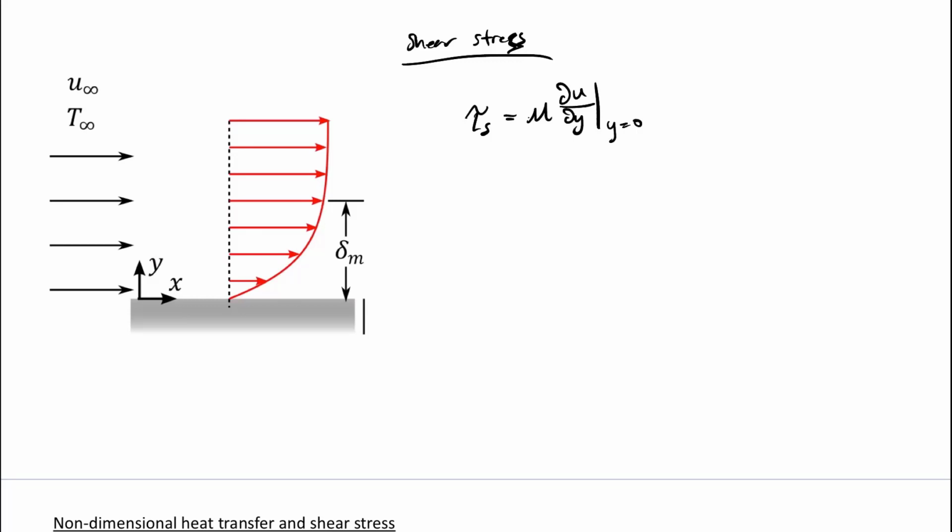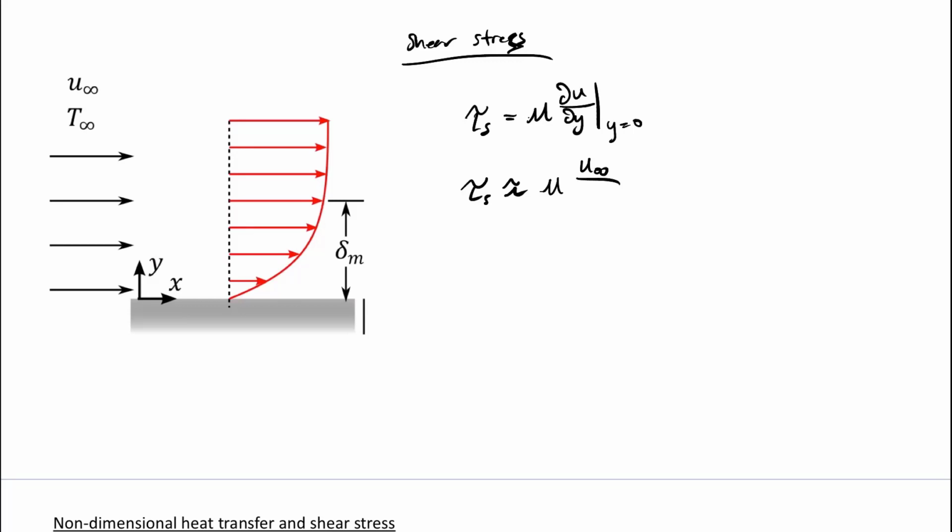Okay, if we want to come up with an approximate model for this, we could say tau s is approximately equal to mu, which is just a property, times, well, what's du in this problem? What's the biggest that du could be? We have 0 velocity at the wall, and we have u infinity out in the free stream. So the biggest du is u infinity. What's the dy in this problem?